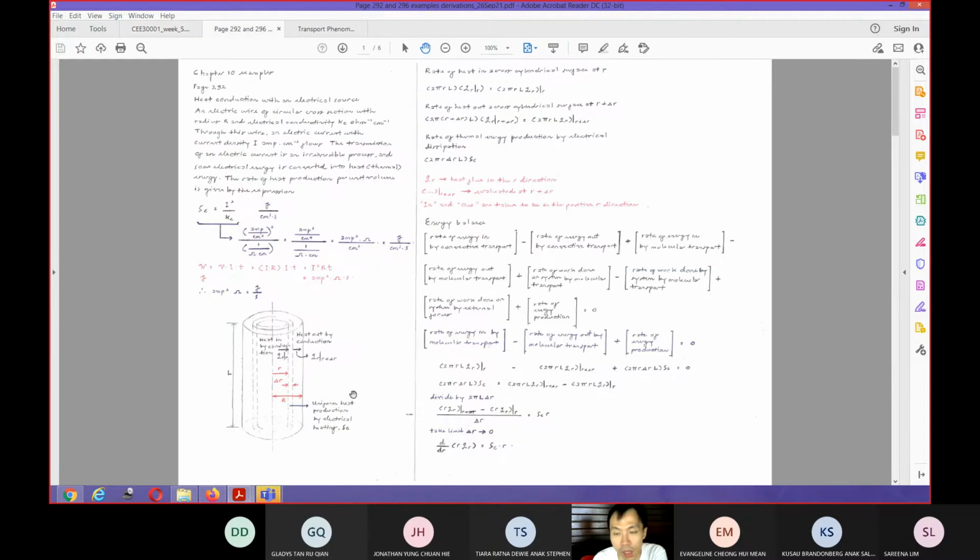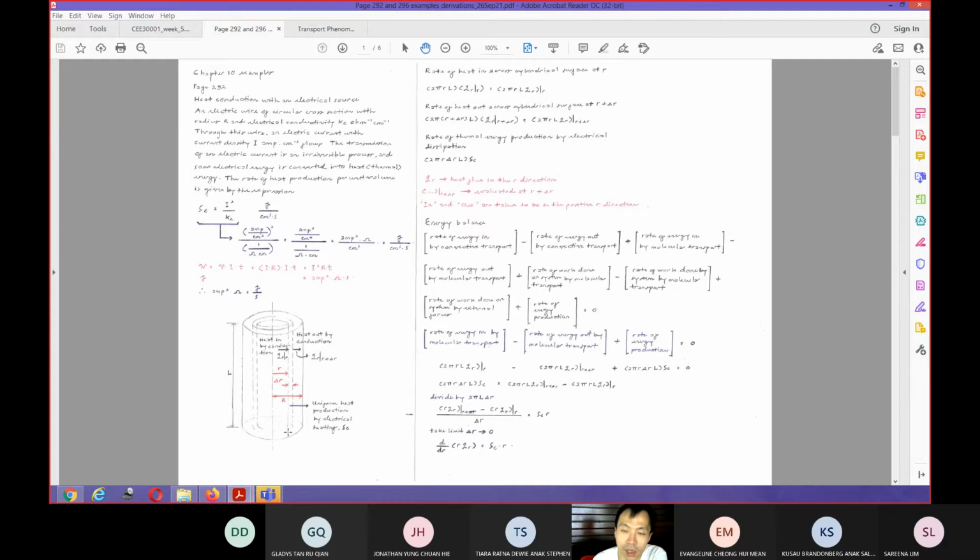Okay, so the way that we derive these things is that we assume that the length of the cable is much longer with respect to its radius. So the heat conduction is only going in the radial direction, right? So if the heat conduction is going in the r direction, meaning that the temperature difference will appear in the r direction, we are taking the thickness of the shell in the r direction.